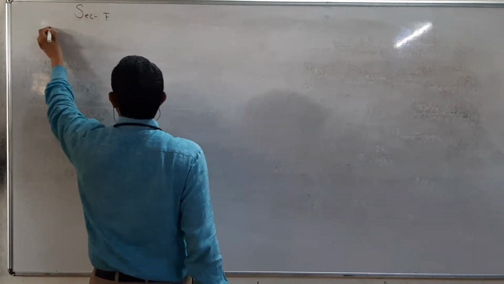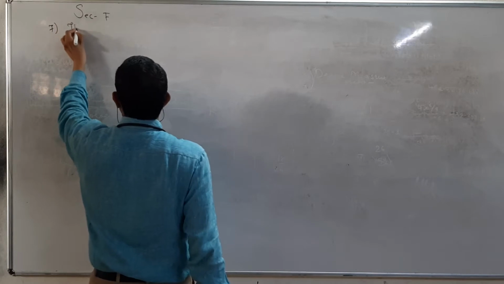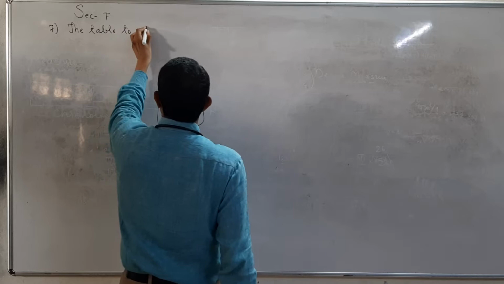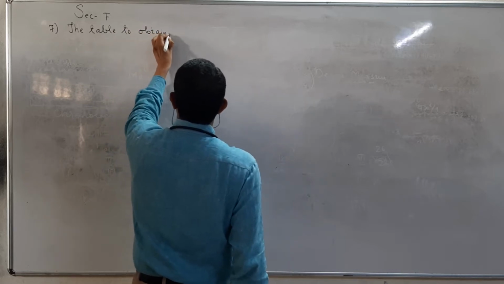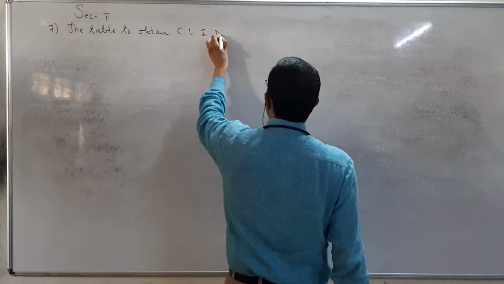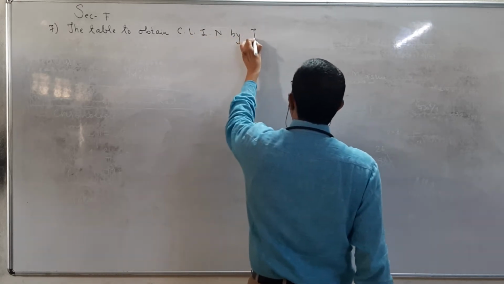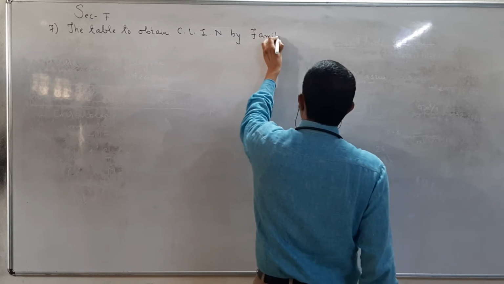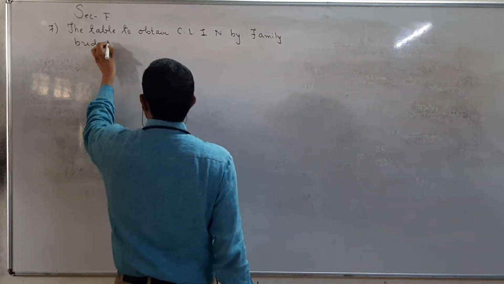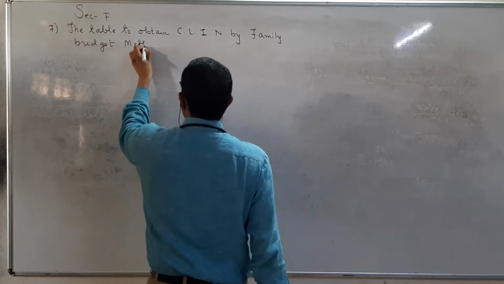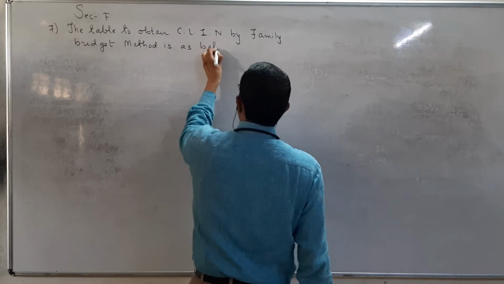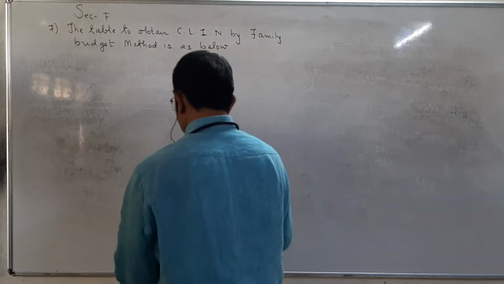exercise 1, I am starting with the 7th sum, the table to obtain cost of living index number by family budget method is as below.